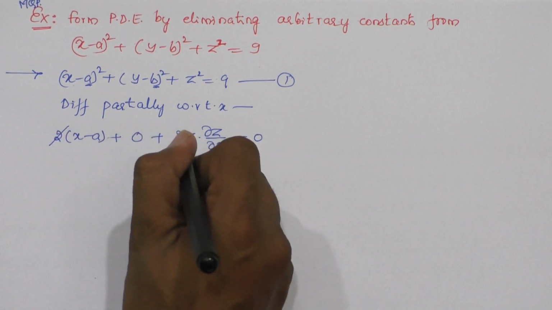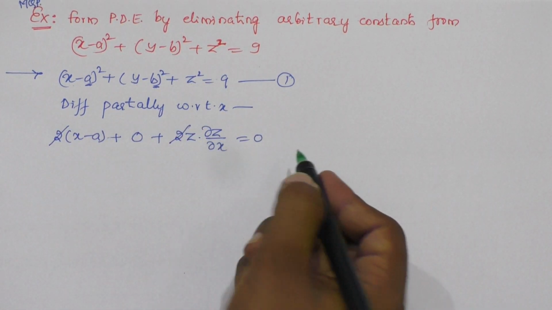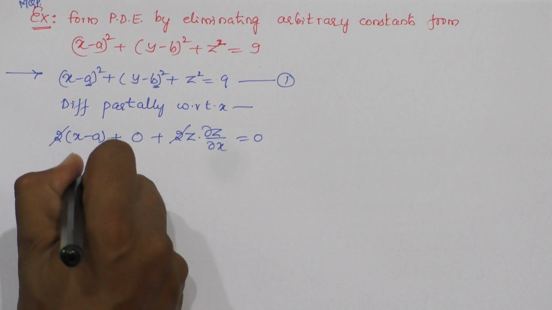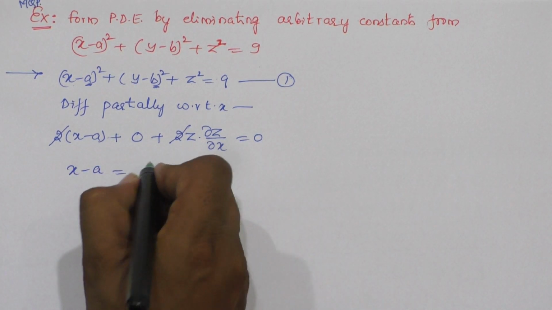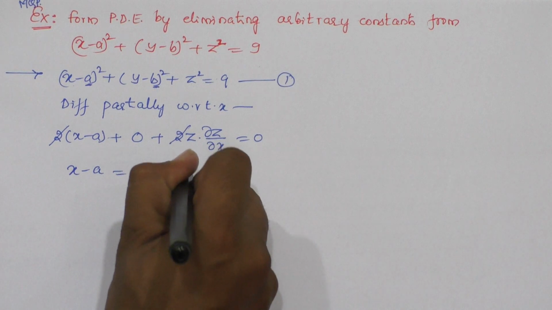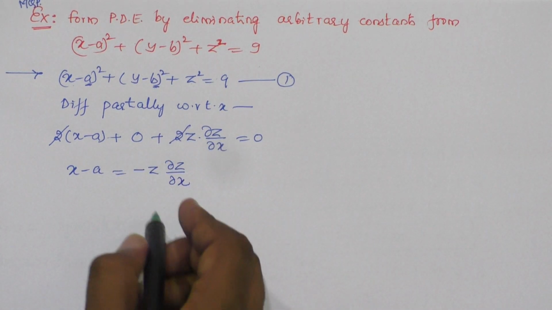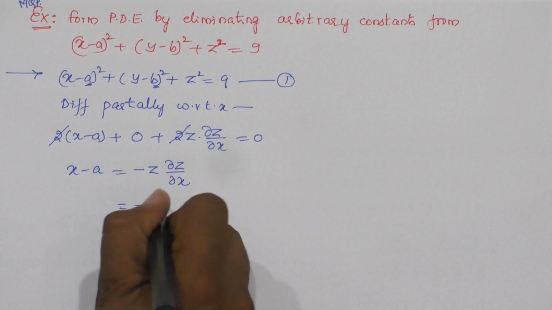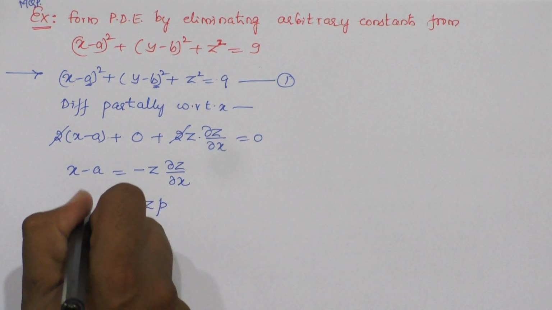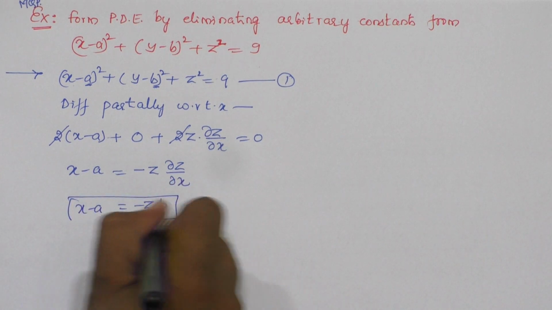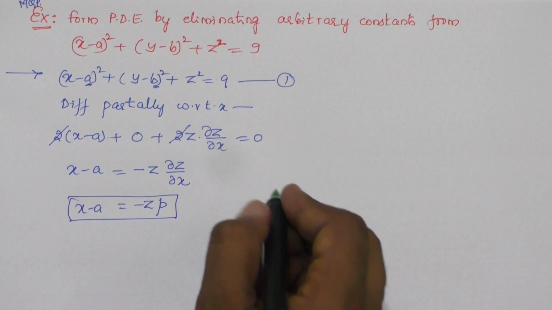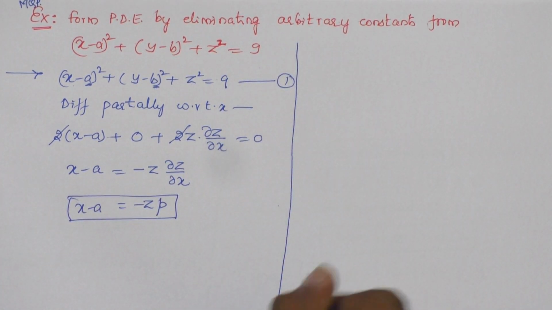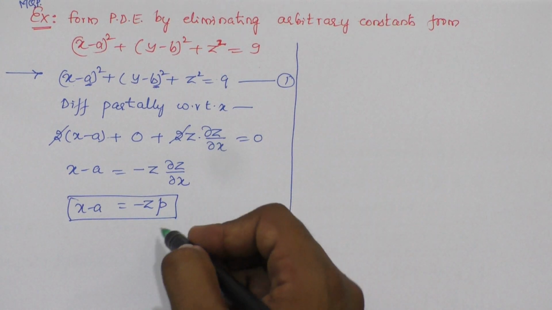Now 2 is common throughout, so transferring that side it will be 0. So x minus a equals minus z ∂z/∂x. But ∂z/∂x we denote as p, so x minus a is equal to minus zp.